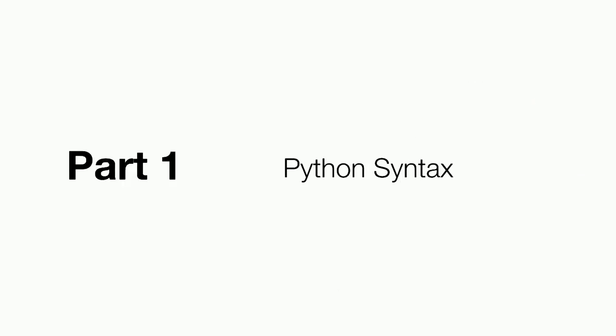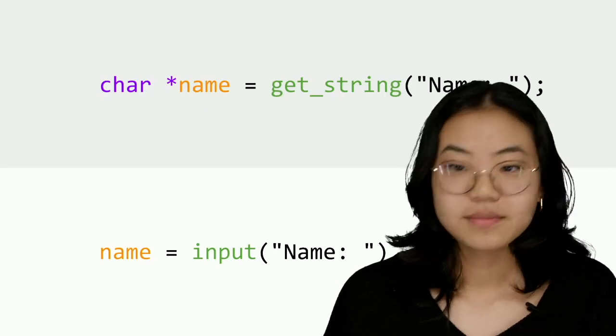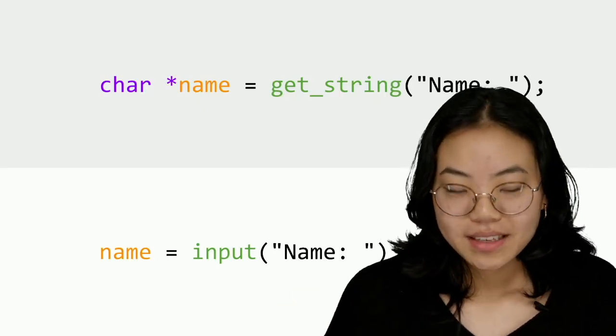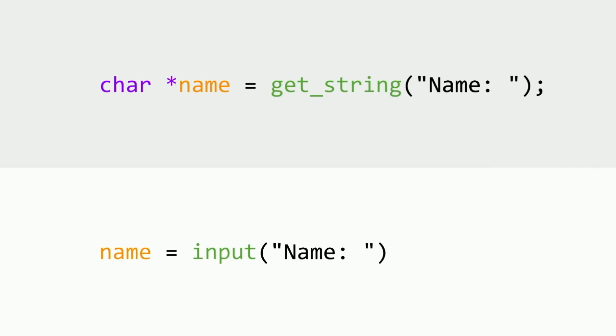So let's get into some of the syntax that is new with Python and how some of the structures we've seen before might differ. So to begin with, we saw this char star name equals get string statement quite a bit, where we're trying to get perhaps a name from the user using our CS50 library's get string function and storing that in a char star, which we also know to be a string, called name.